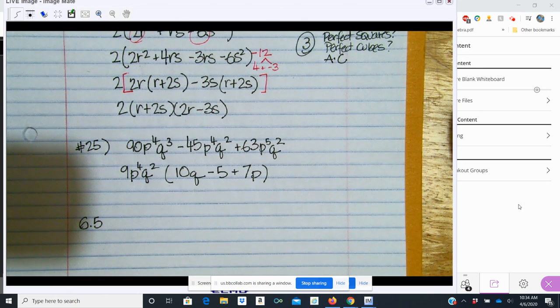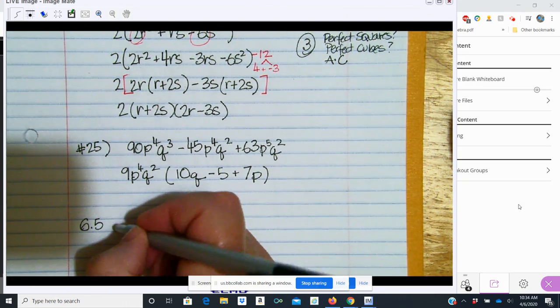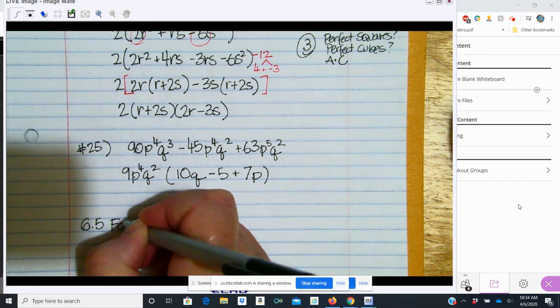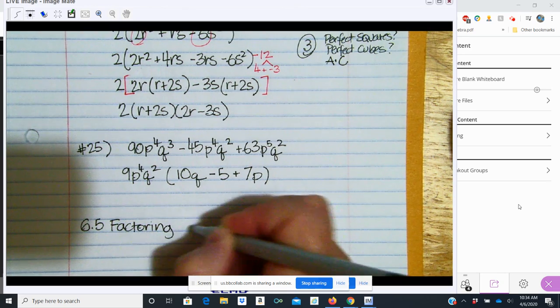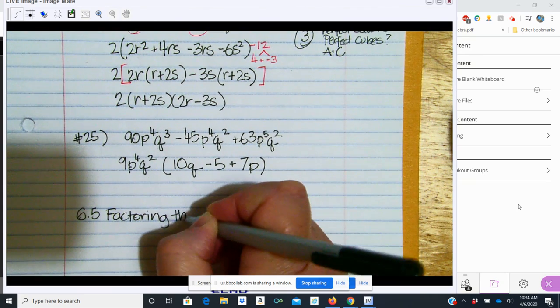Next section is 6.5. And we're factoring the sum and difference of cubes.